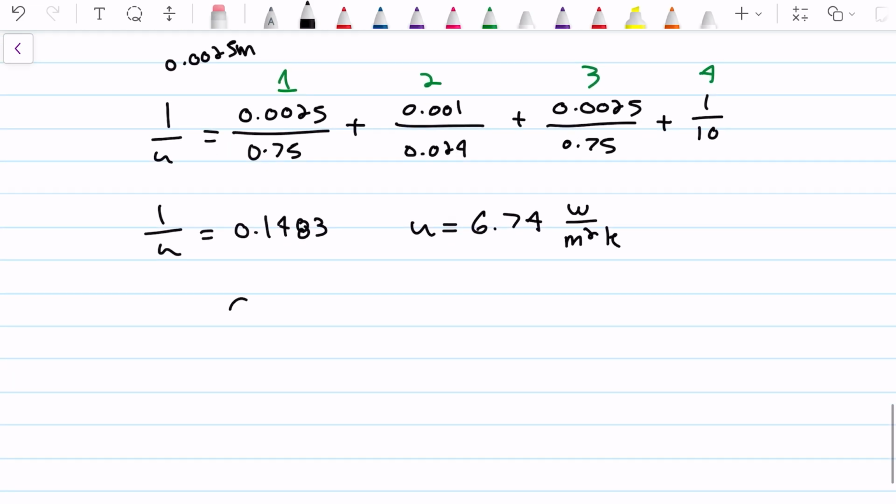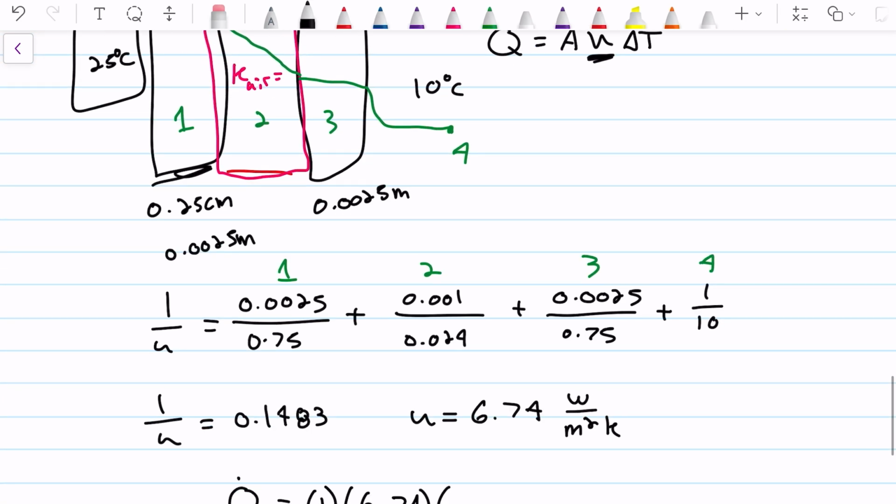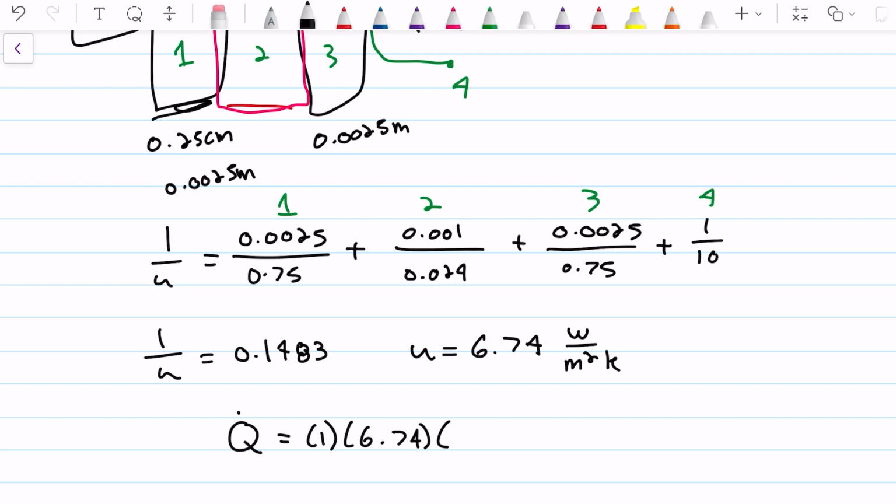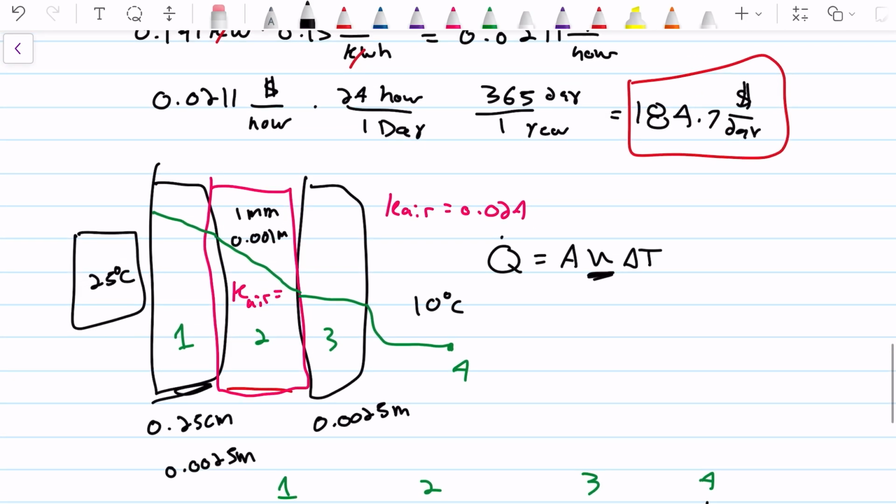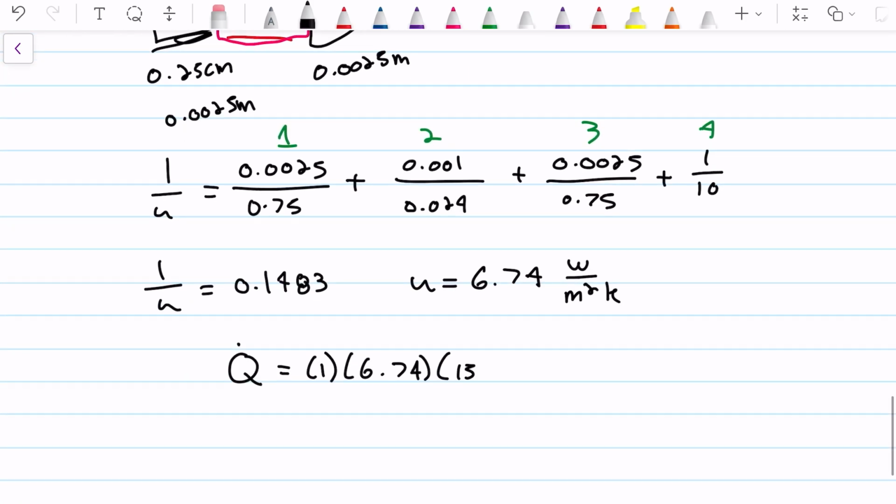Okay, and then let's find the heat lost again. So same area as before. I'm going to omit units because I did them before. And then we have the same temperature difference. What was it, 298 minus 283? That's 15. Times 0.674. So now our heat lost is 101 watts.